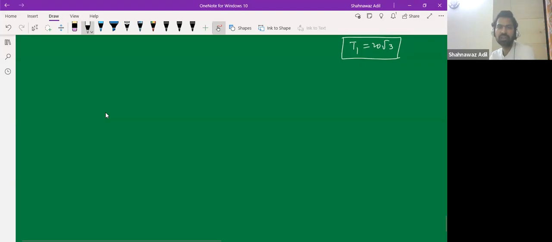Okay, so the next topic, keeping this in mind: we studied that our object was at equilibrium. But now it is not at equilibrium. If the object is not at equilibrium, then it will have what?